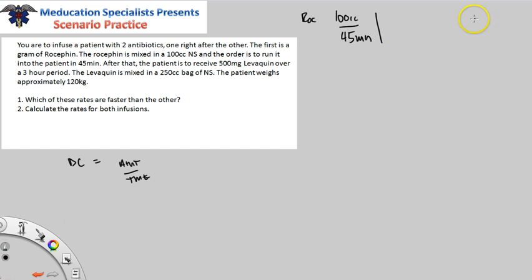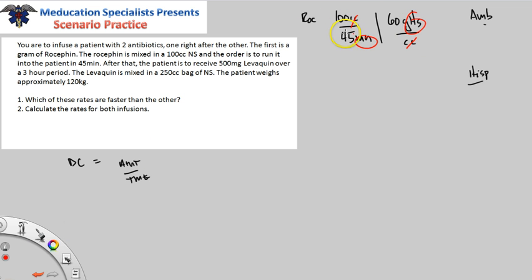Either we can do it the ambulance way, or we can do it the hospital way. Let's go with 100 cc's. We're going to do the ambulance way. Then we're going to do our drops, our drop set. So we have a 60 drop set here. You could have a 10 or a 15 or a 20. If you have a 60 there, of course, it's always cc. Cc cancels out.